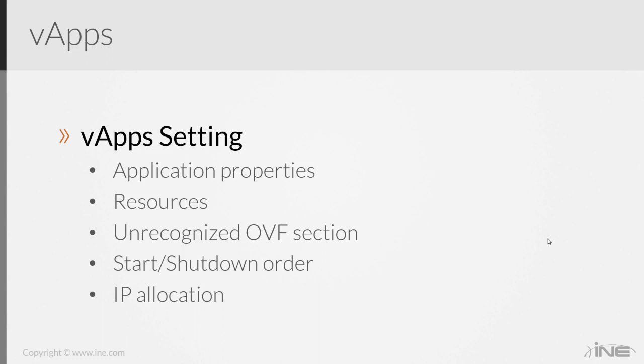For settings, we have our application properties. So if we were to go in our vApp settings, we will see these different options we could configure. To start with, we would have our application properties. This would provide stuff like your product information that the vendor would have added.